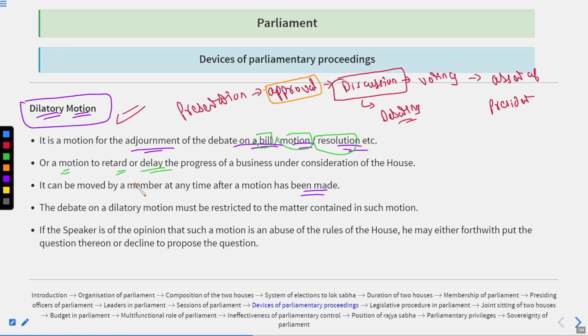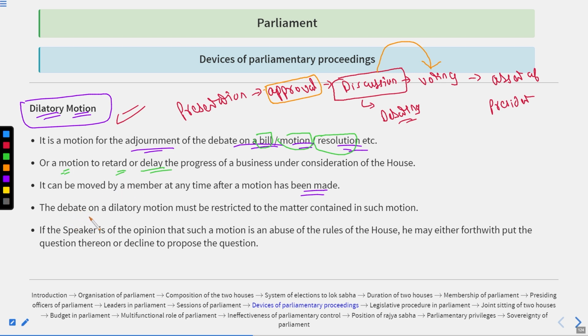If the presiding officer approved it, it means the motion has been made, and now the motion could be discussed, and after discussion the motion would be put for voting. So during the discussion part, once the approval is granted, a member could move it any time so that they could delay the debating or discussion, so that more time could be granted.